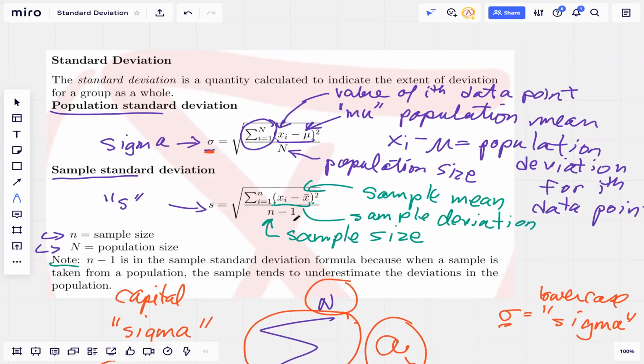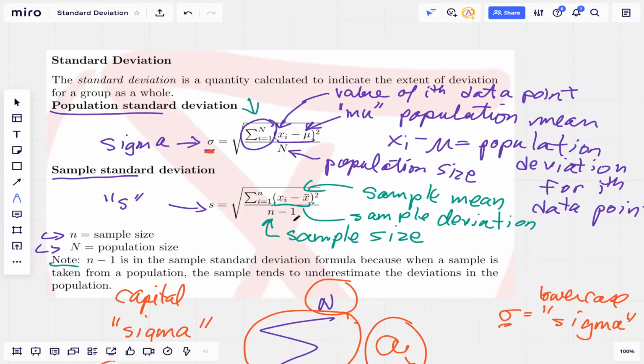We take the deviations of each data point, square that deviation, and add them all up. That's what this notation means. We add up all those squares, divide by the population size, and then take the square root, and that gives us our population standard deviation.